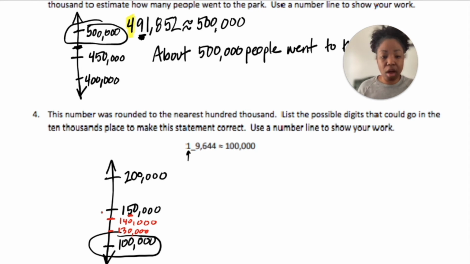So we're going to list all the possible digits that are less than 5. That is 4, 3, 2, 1, 0. So if this digit is any of those, we would round it down to 100,000.